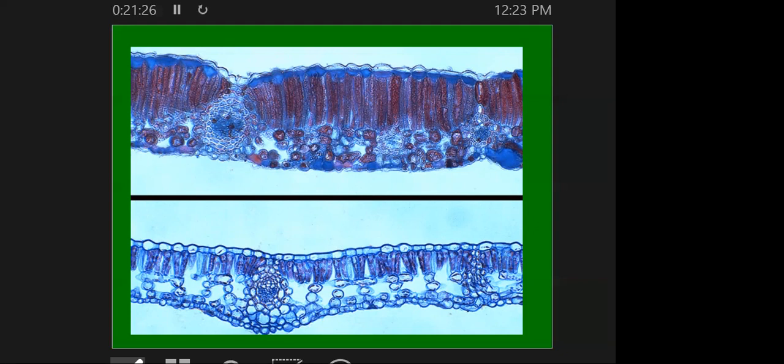So often with sunny conditions, leaves will form, sometimes they'll have multiple palisade layers instead of just one. And they're thicker because of that. And then the one on the bottom there, you can see they're not really showing the surface area difference, but you can clearly see that the thickness is varying.